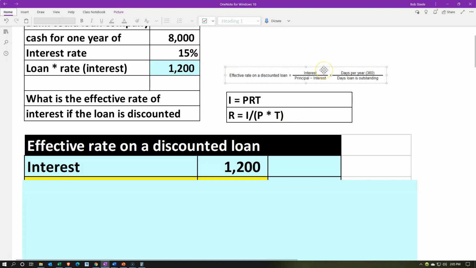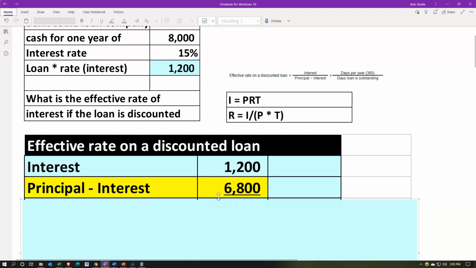So I'm going to break this calculation into a table format, just doing the algebra table-wise. We're going to do the first half and then the second half, and then you could standardize this in a table. I highly recommend doing it in Excel so you can practice your Excel skills. These are great tools to practice Excel. So we got the interest, 1,200, and then we got the key thing, which is the principal minus the interest.